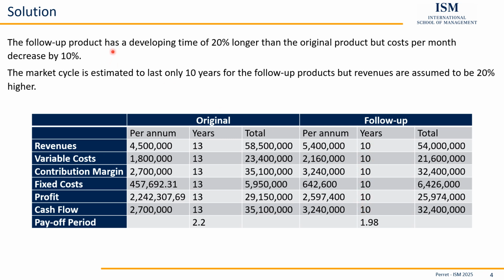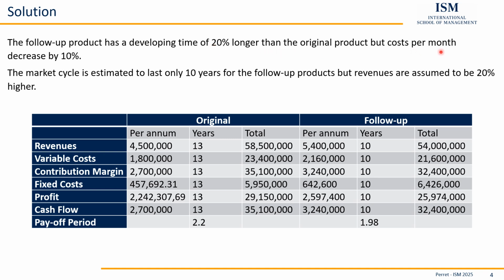It starts with changes in developing time and cost per month of developing. So both of these changes apply to the fixed costs. As I said, developing time is 20% longer, so we multiply fixed costs with 1.2, 1 plus 20%.